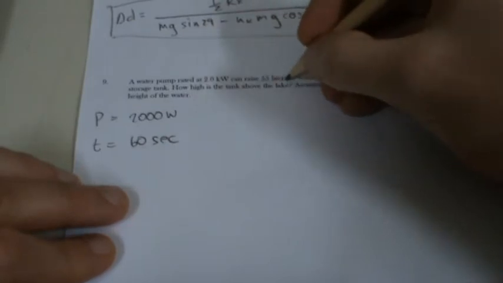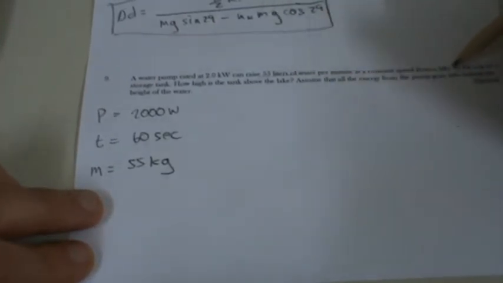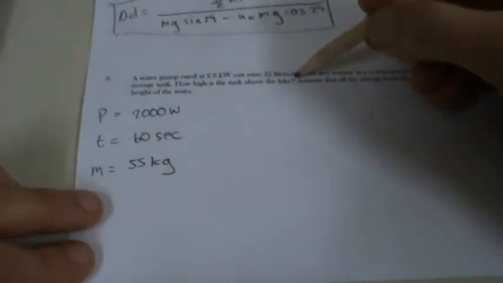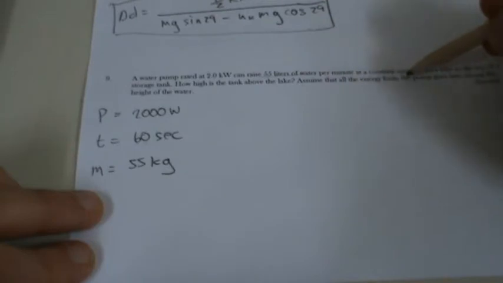It can raise 55 liters of water, that is, 55 kilograms of water, at a constant speed from the lake to the top of the storage tank. How high is the storage tank above the lake? Assume that all the energy from the pump goes to raising the height of the water.